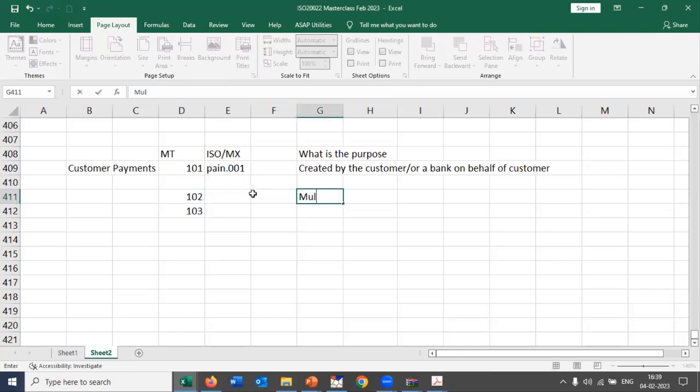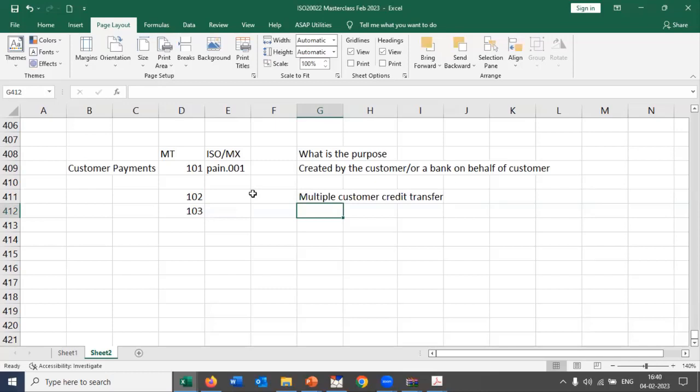MT103 is a single customer credit transfer. That means in one single message, a bank can tell the clearinghouse or its correspondent that I want to make multiple payment transactions. In ISO, I got the equivalent of that, which is called pacs.008. So for both these, I got the pacs.008.